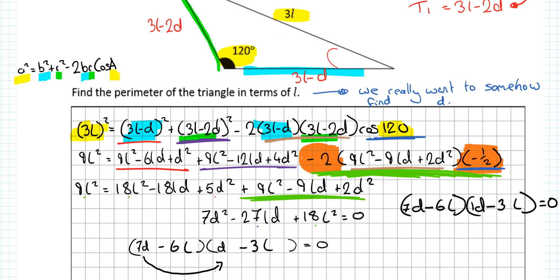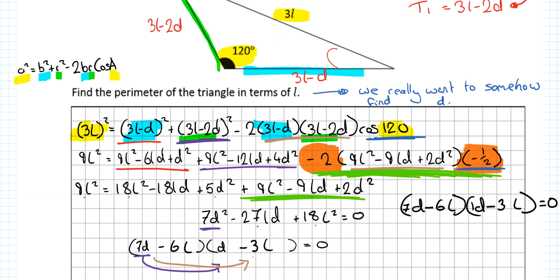7D by D. I'm going to use colors again. 7D by D is 7D squared. 7D by minus 3L is minus 21LD.